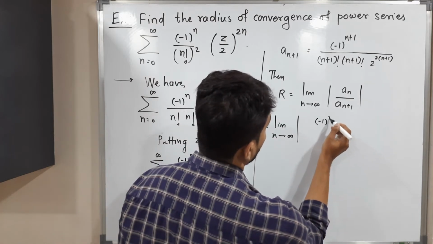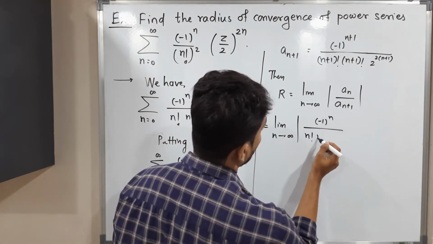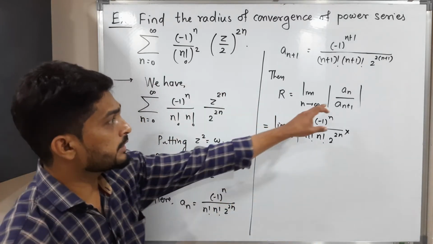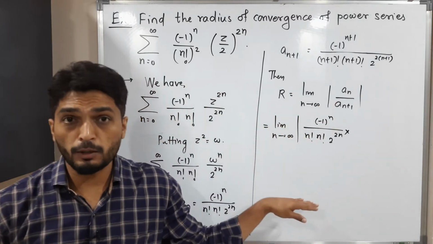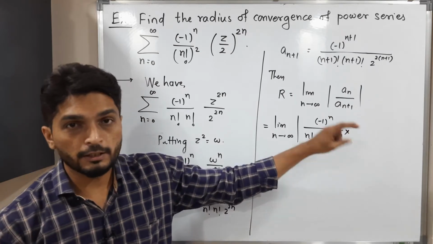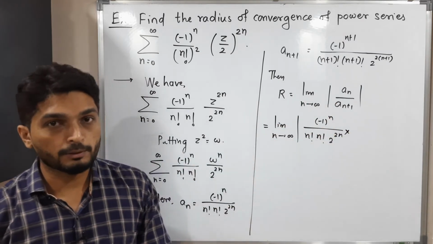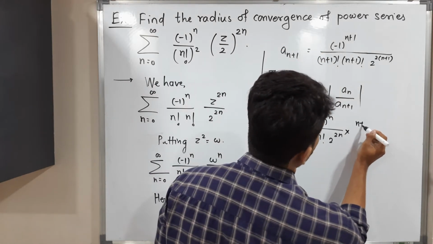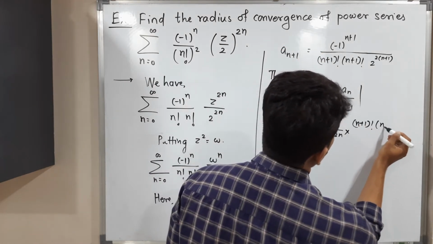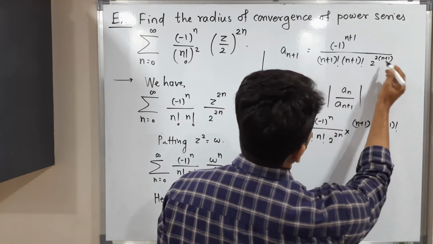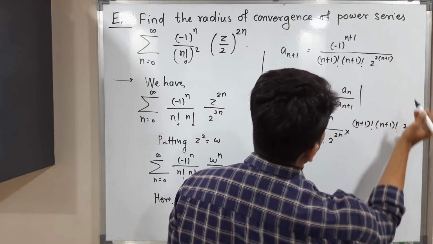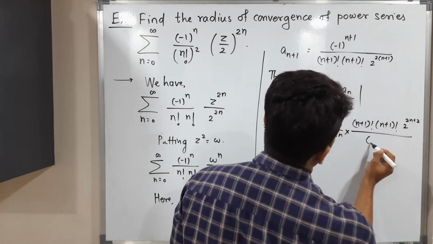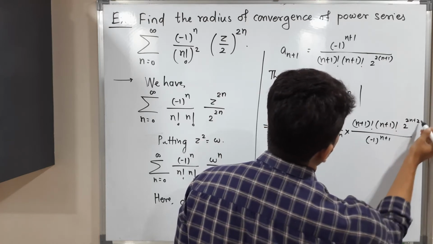Minus 1 raised to n divided by n factorial 2 raised to 2n, into, actually a_n plus 1 we have in the denominator, but I am writing it in the numerator by interchanging numerator and denominator, so we take its reciprocal. So we'll have n plus 1 factorial, 2 raised to, let me solve this bracket, 2n plus 2, divided by minus 1 raised to n plus 1.